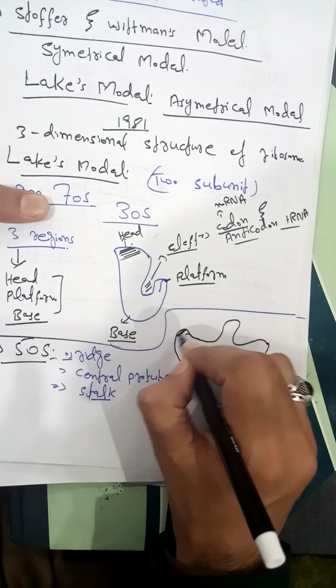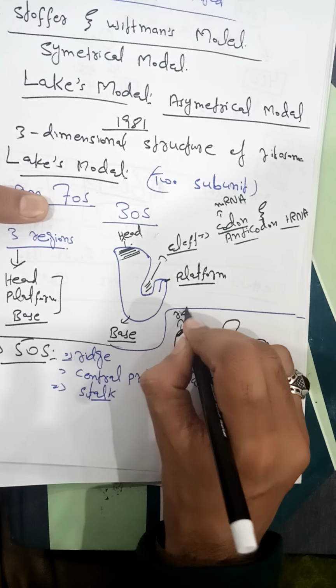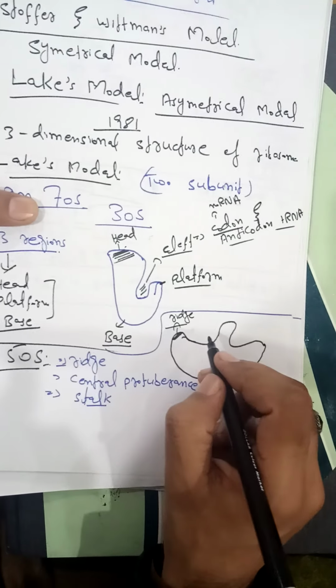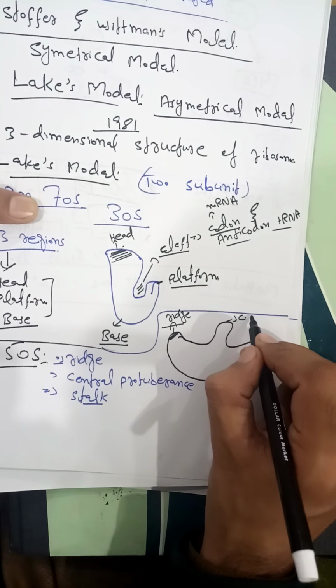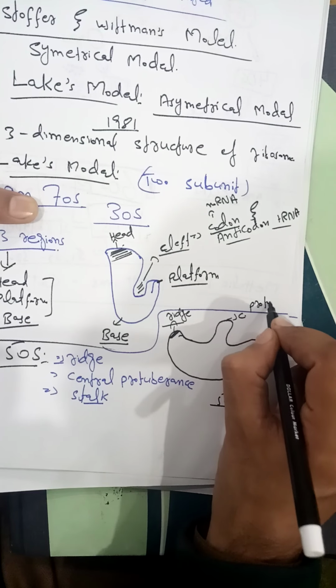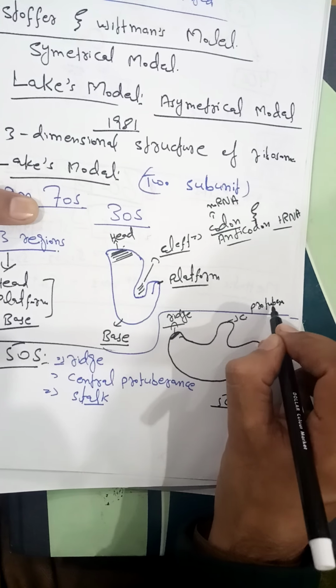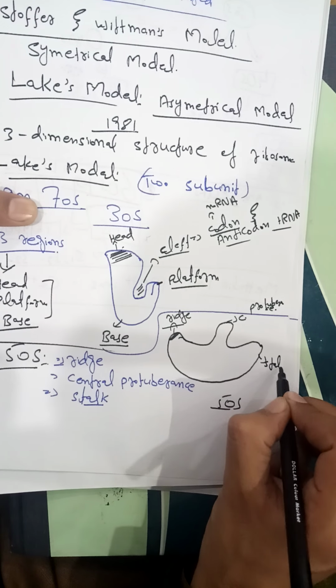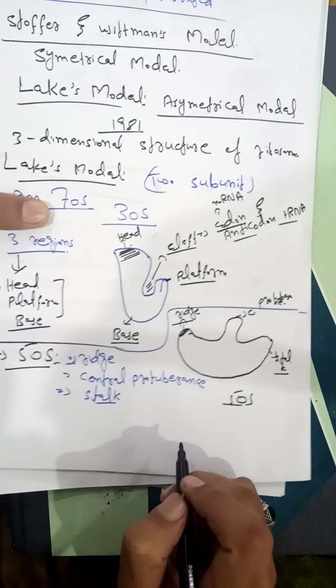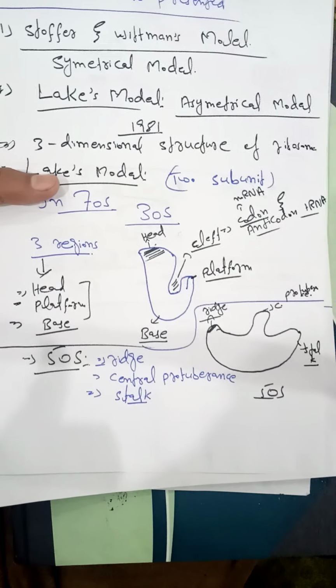This region is called the central protuberance, and the other one is called the stalk. So these three are the regions of the 50S subunit.